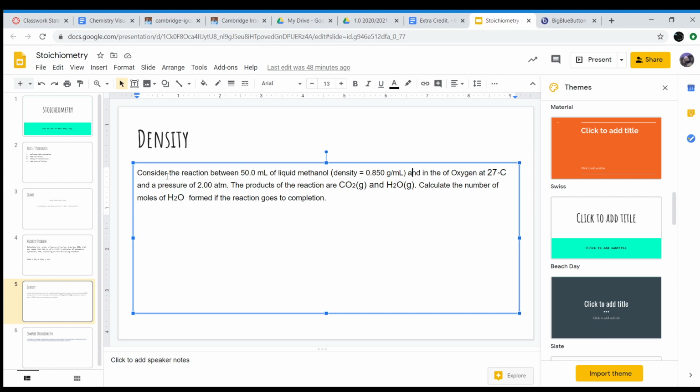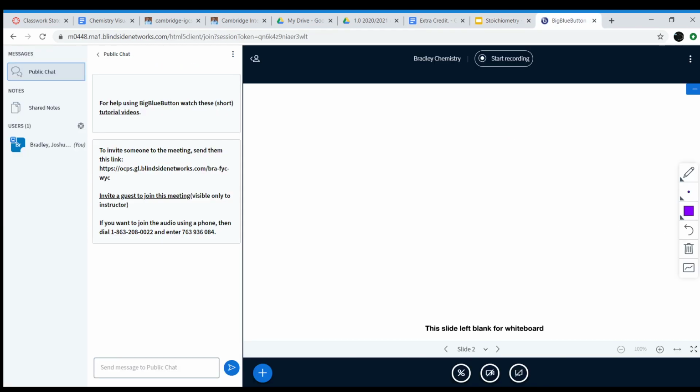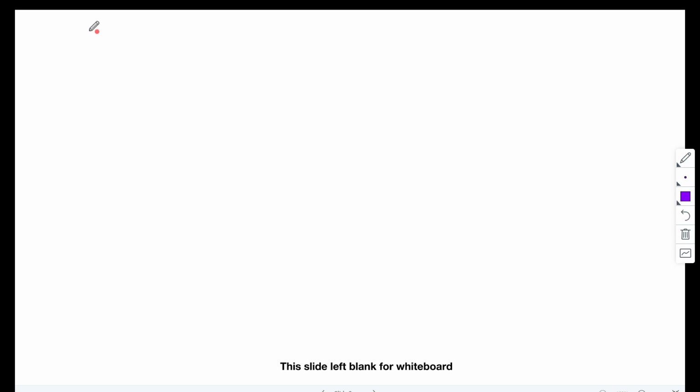Now the other thing here is that this problem hasn't given us an equation. So that means that we'll have to write that equation here. So what it's stating here is that we have methanol, and reminder, any carbon compound that has meth in it means 1 carbon.